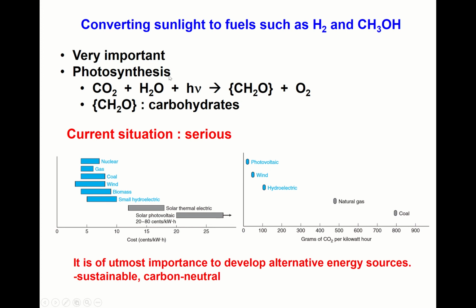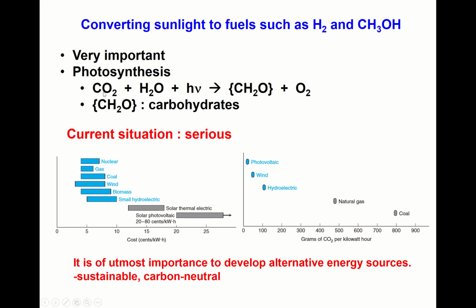This process has provided fuel for humans. Okay, photosynthesis is everywhere: the green plants, the algae, okay, there are many kinds of algae, and cyanobacteria. Okay, they also do photosynthesis.